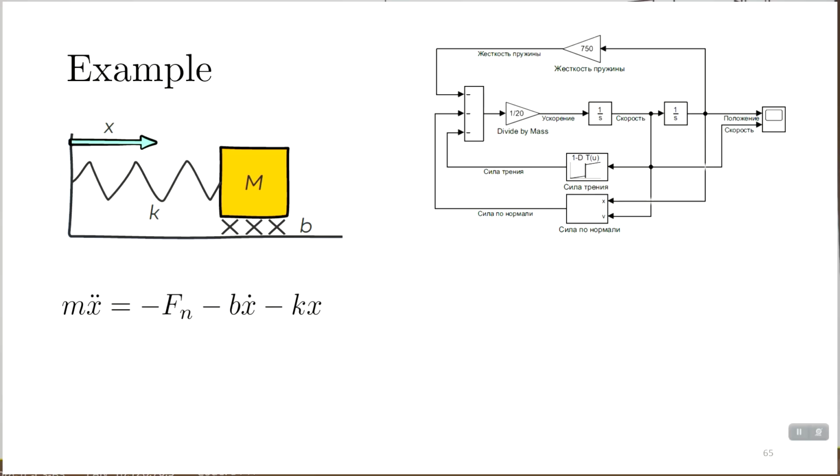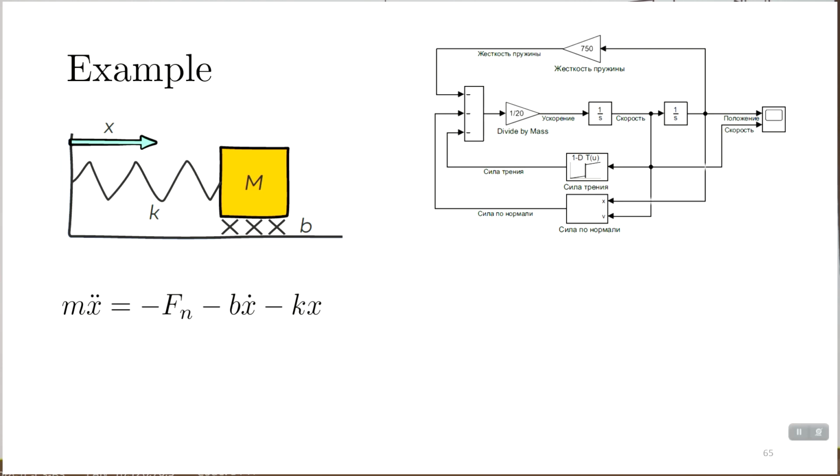So let us consider an example of the system. We have a mass that hits the wall. Pretty much the same example that we had previously, but here we do not have a damping force, we have a friction force.